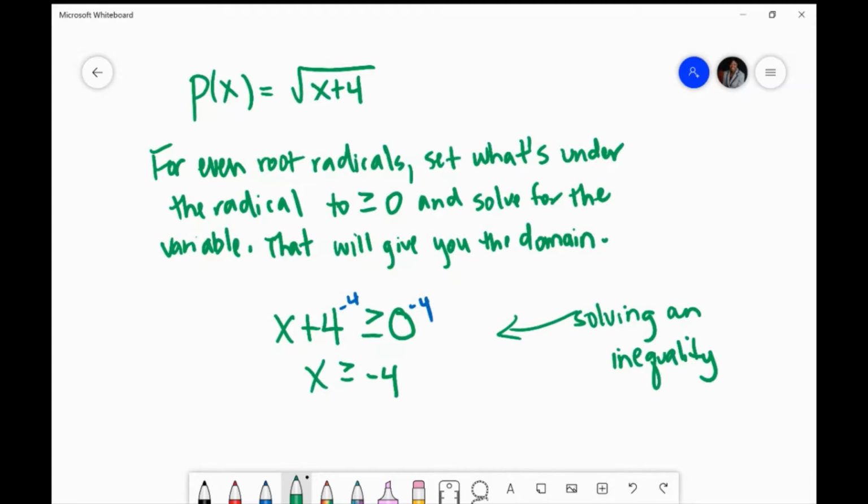So P of negative 2 equals the square root of negative 2 plus 4, which equals the square root of 2. That's fine, because that's a positive number.